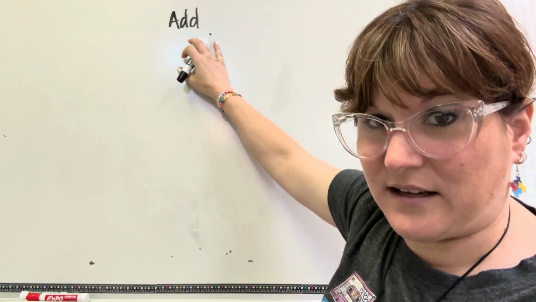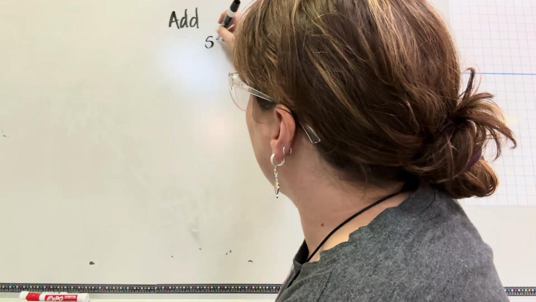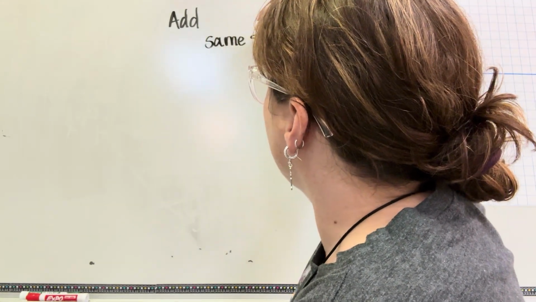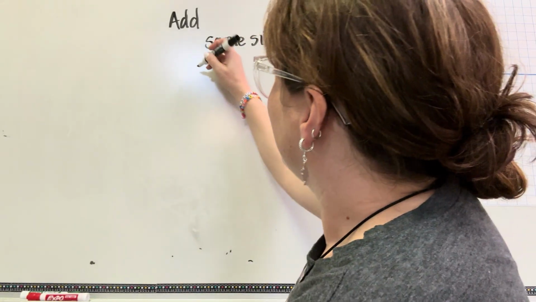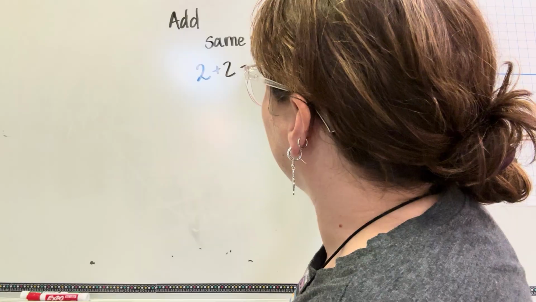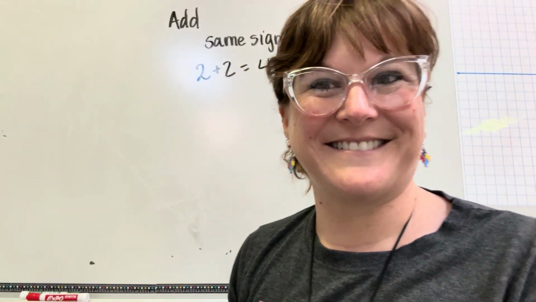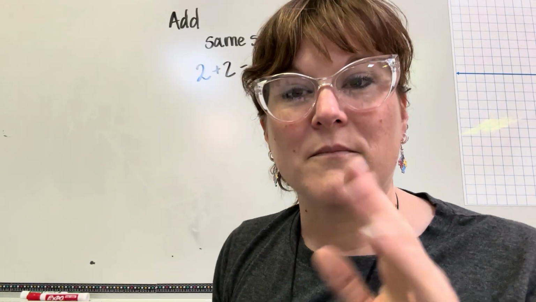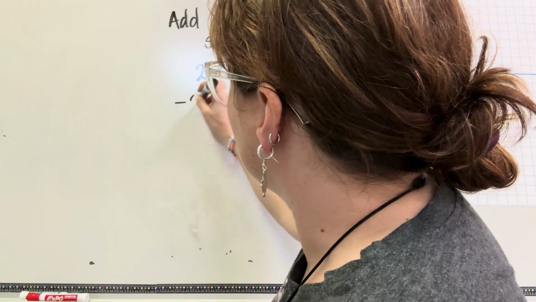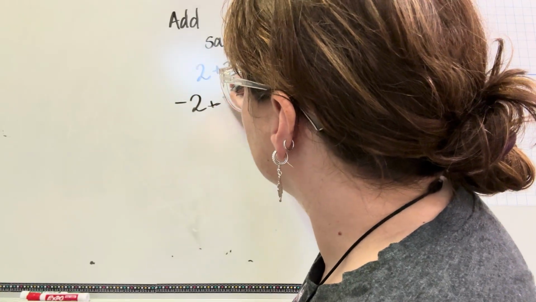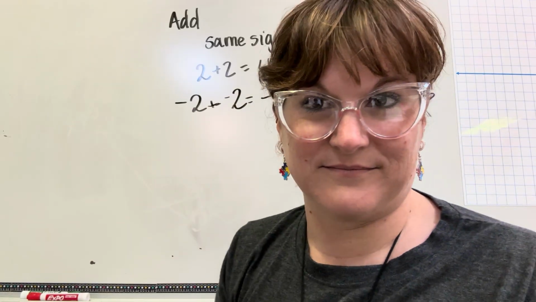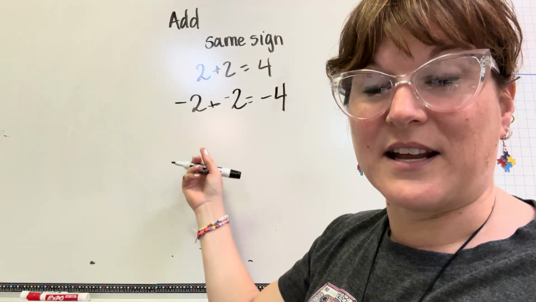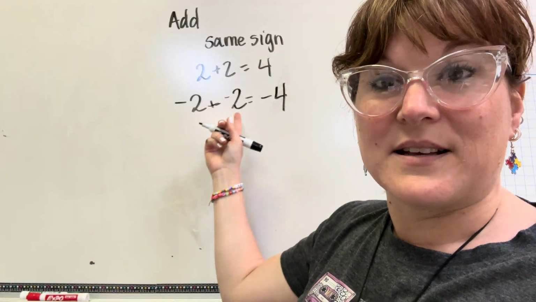If you're adding, if they're the same sign, you add them together. 2 plus 2 equals 4. Negative 2 plus negative 2 equals negative 4. They're the same sign. They keep the same sign.